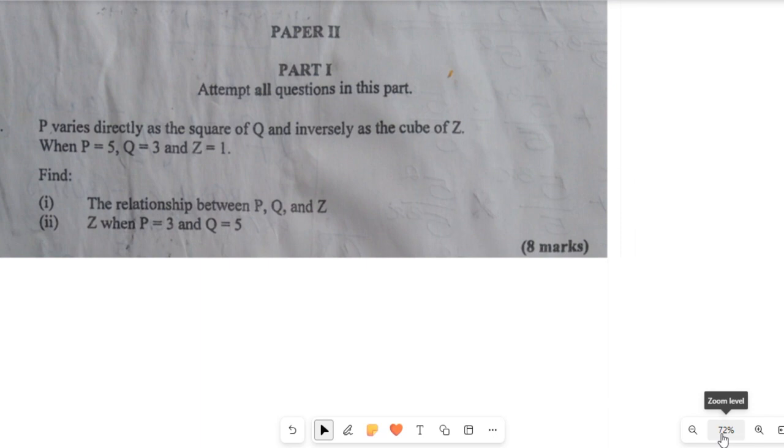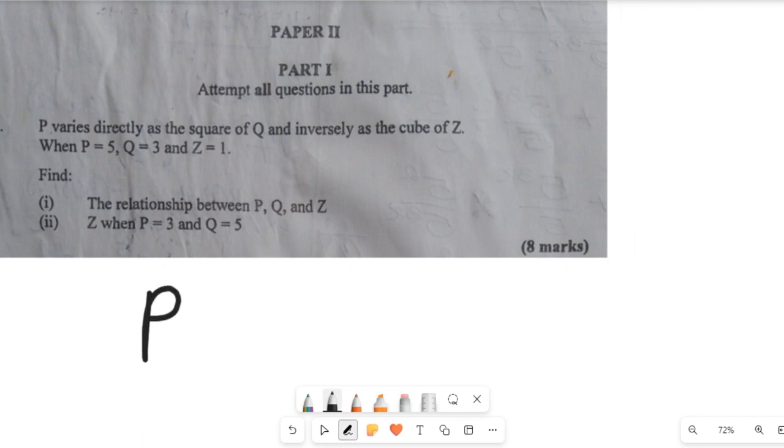Now, what is the relationship we'll consider here? We're going to consider direct and inverse variation. Now, when we say something is directly proportional, we can say P is directly proportional to Q square, because as Q square increases, P also increases, and as P increases, Q square will also increase.